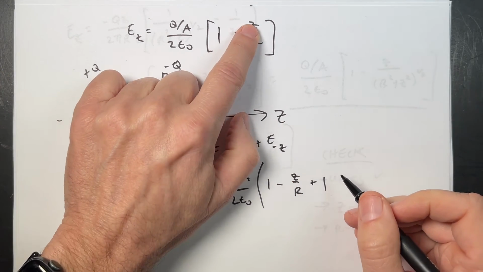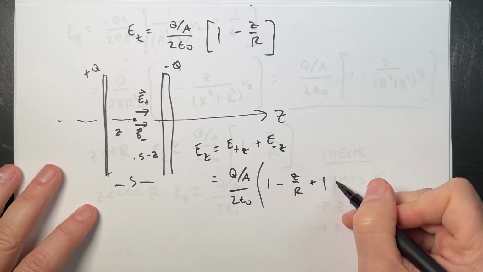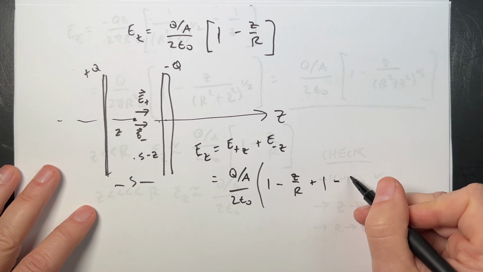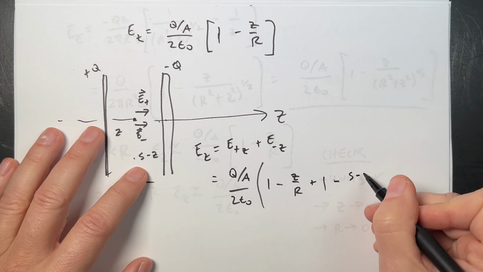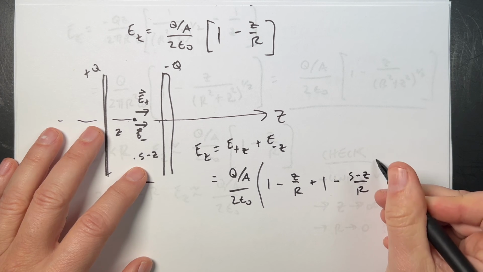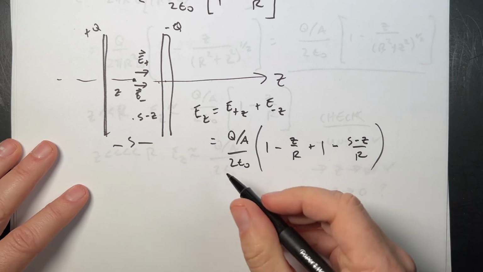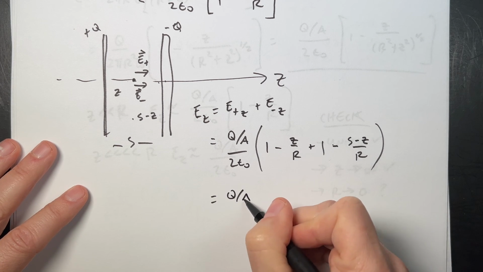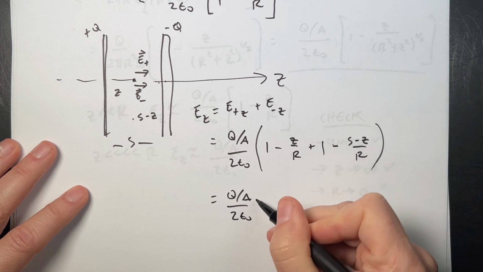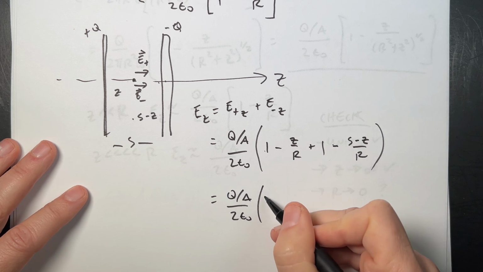So instead of z, I'm going to put minus S minus z over R. And then if I just split this into two parts, I get equals Q over A over 2 epsilon naught. I have 1 plus 1 is 2.